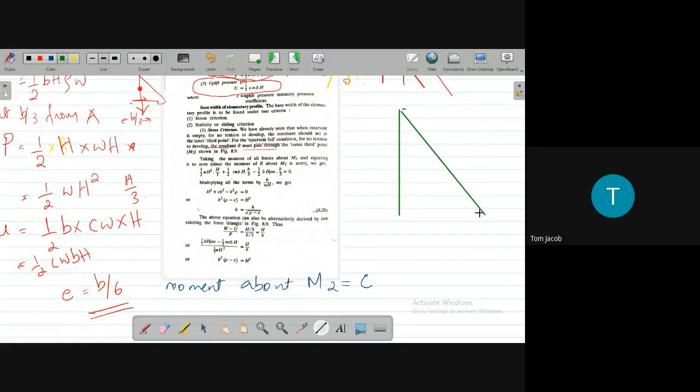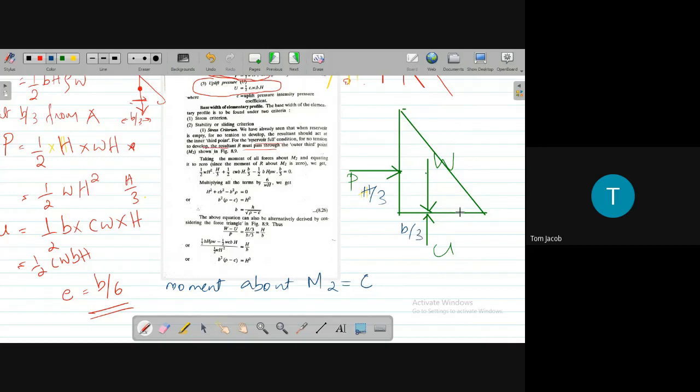This is the elementary profile, and this is the water force P, this is W, and this is U, acting at a distance of H by 3, and these are B by 3.